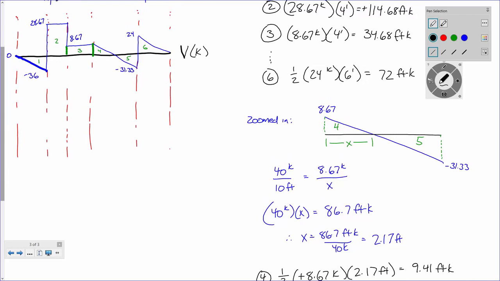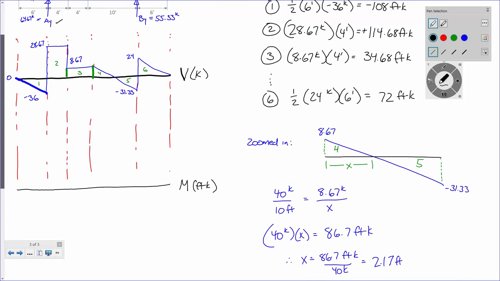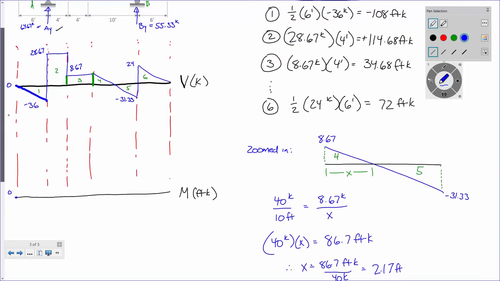Okay. If that's the case, then I'm going to go ahead and draw a line right here and start my moment diagram. Okay. So here's how I'm going to do this. So watch this. This is my secret to doing the moment diagram, okay? So, all right, we start off at 0, okay? Now, area number 1, let me scroll up.